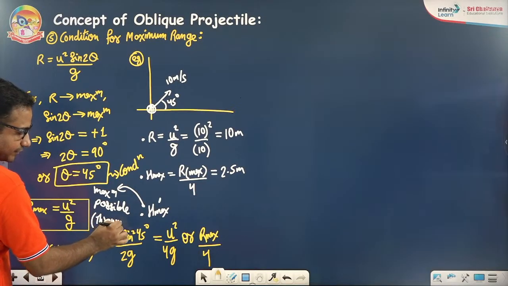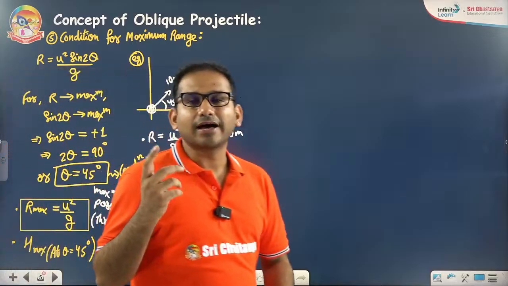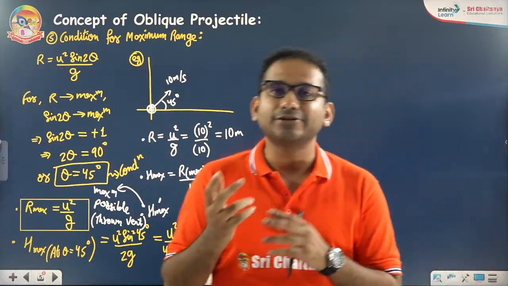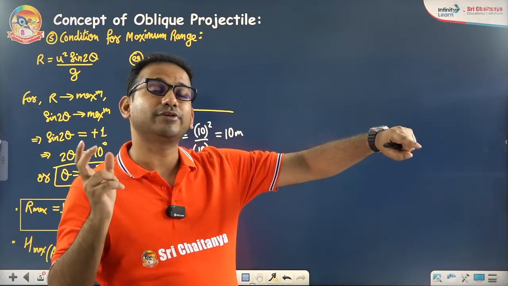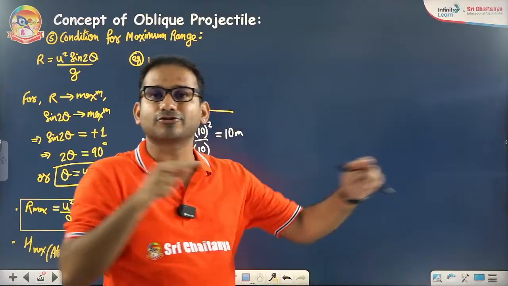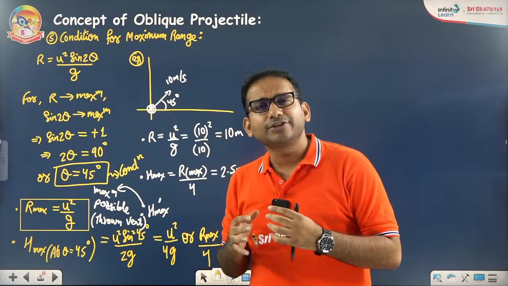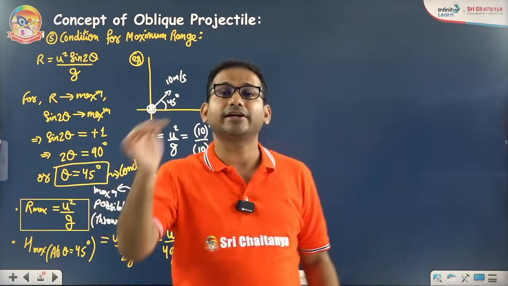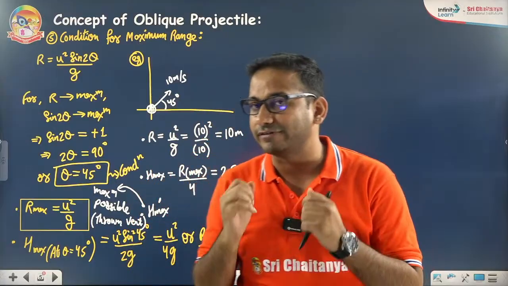Means what will be the language of the problem here? If they say you have a ball in your hand and you have the maximum capacity of throwing that ball up to 100 meters horizontally, naturally, when they say that your maximum capacity is 100 meter horizontally, it means you are throwing it exactly at 45 degrees.